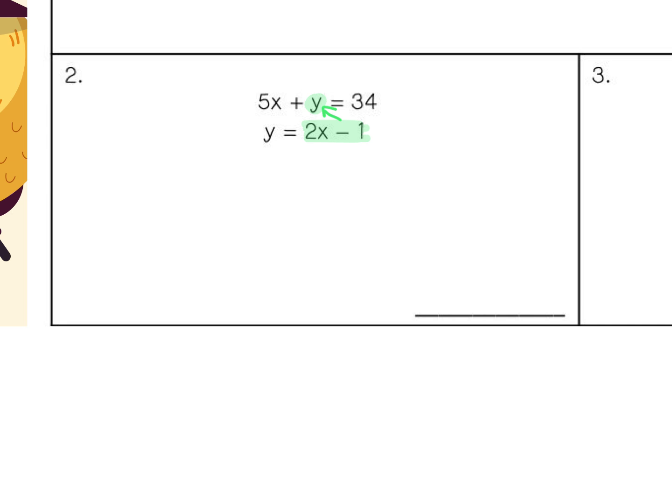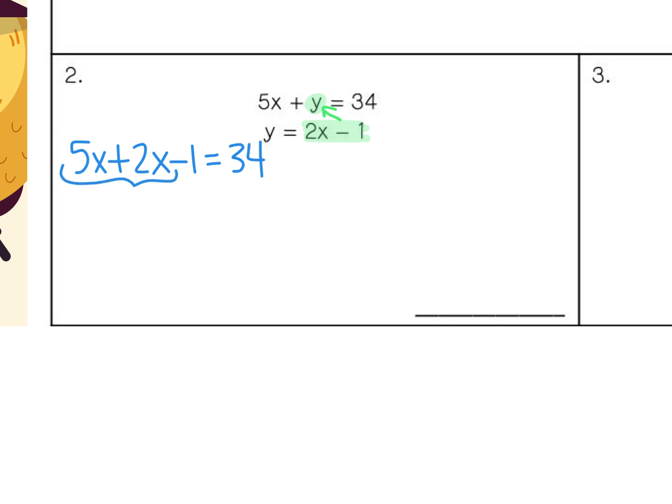So we're going to take these two equations and we're going to write them as one. So we're going to write 5x plus, now I'm not going to put my y here. In place of y, I'm going to put 2x minus 1, because that was my y, equals 34. So now we've taken two equations. We can put them together. We have one equation.